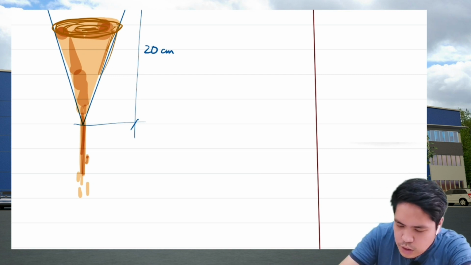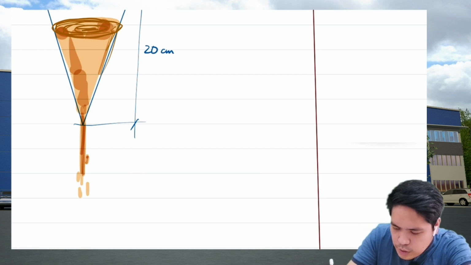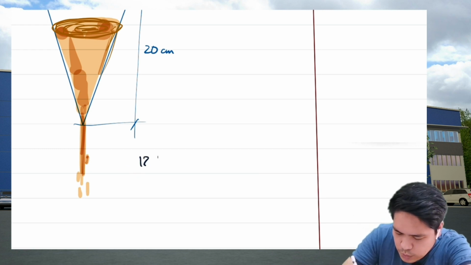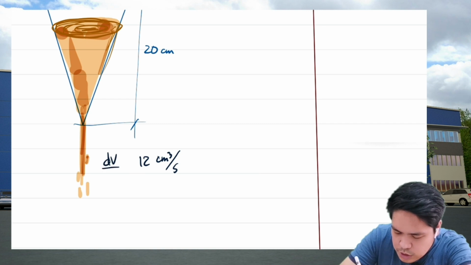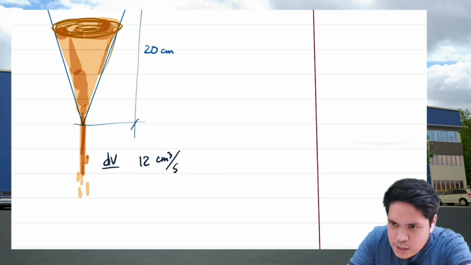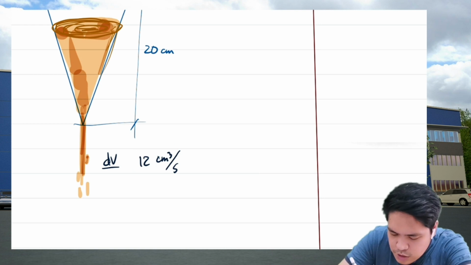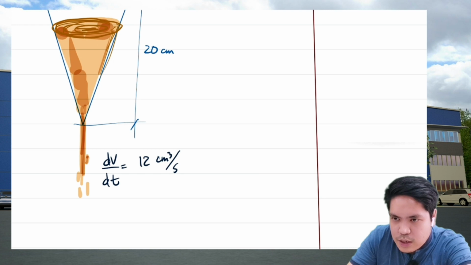So this is the change of the volume inside, because this is what is leaving the container. Therefore, at every second, 12 cubic centimeters are lost from the container. So that is the change in the volume of the fluid inside for every second.